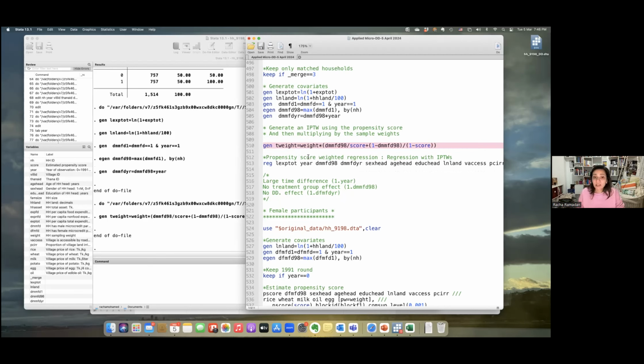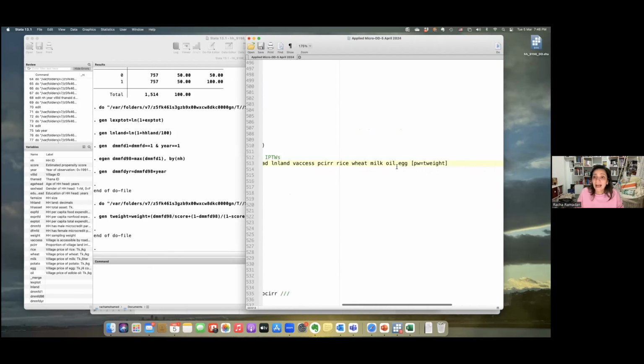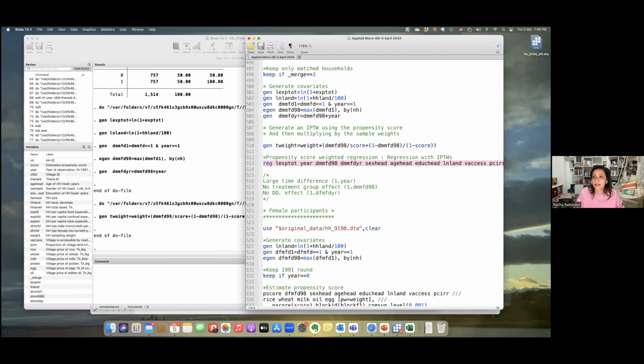And then I will run my regression where I regress the variable of interest on the year dummy, on the treatment dummy, on the interaction between both dummies, and on the different variables, and I will use the weight I am calculating based on my p-score or on the PSM.